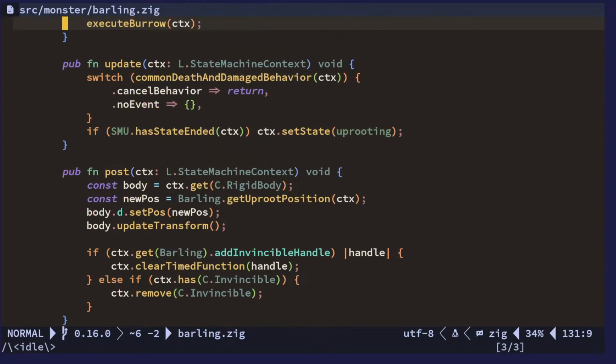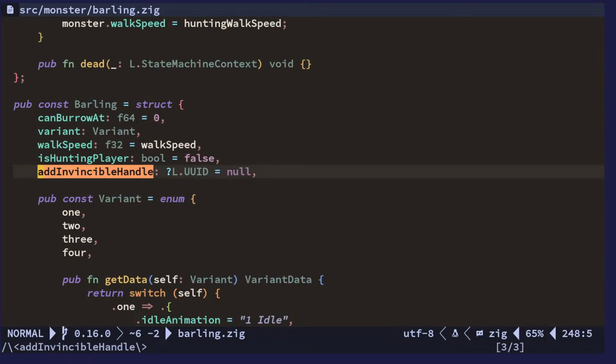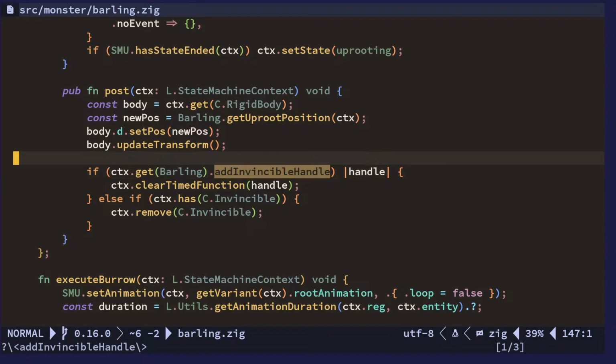If state was ended, we go back to uprooting, and then here we actually, what the hell is this? Oh, it's a timed function, right.